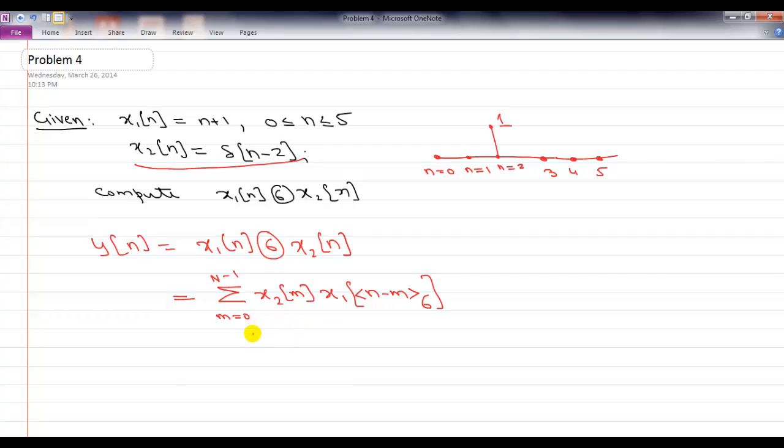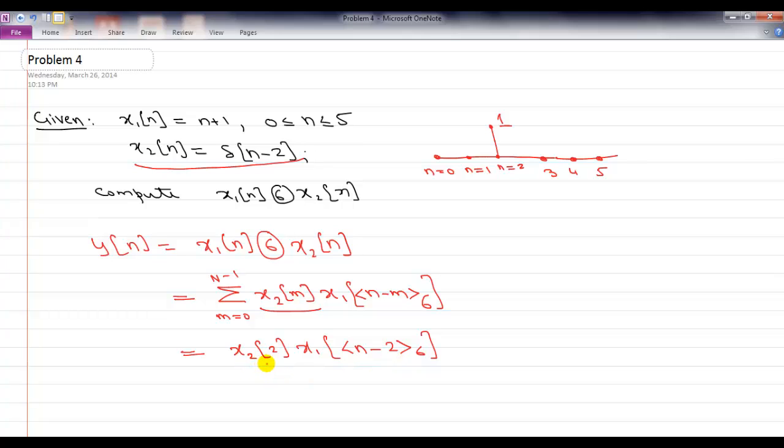So I can actually just directly write it down. Since every term is getting multiplied by x2[m], every term in this summation is going to be 0 except for m equal to 2. So I'll get x2[2] times x1[(n minus 2) mod 6].